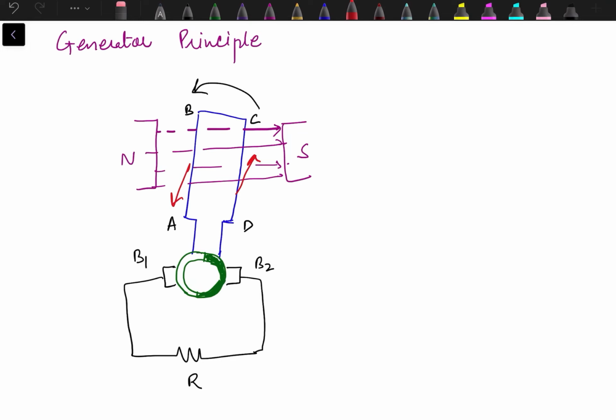Now, if we just look at conductor CD, which is experiencing a force in upward direction, the direction of field is from left to right, or from north pole to south pole.